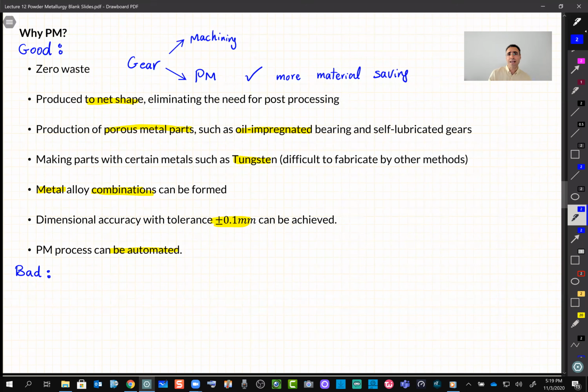But think of it: if you want to make the same part with casting, you still have to make the mold, right? Philip, it's a cost. So in what aspect?